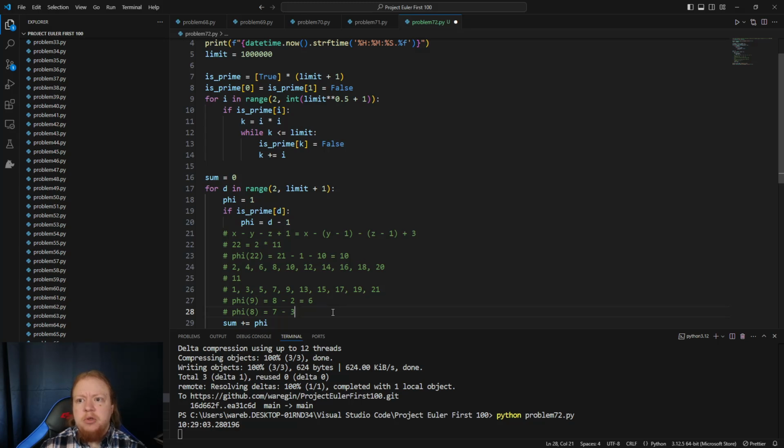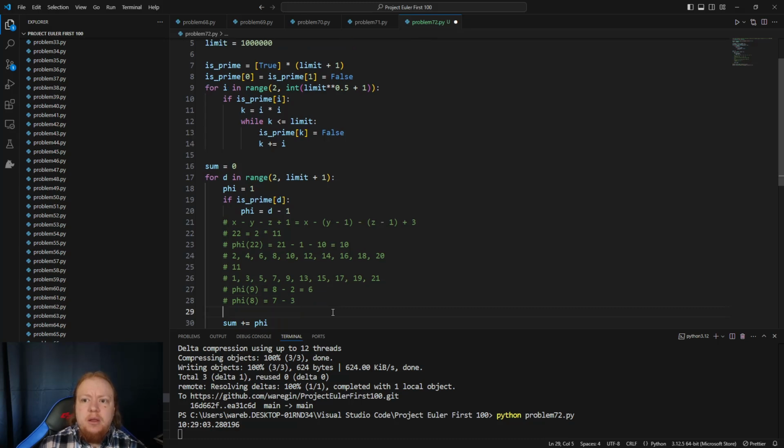Okay, so for numbers where it's the same prime repeated, it's the number of those, perhaps? Let's see, so that would mean that the phi of 25 would be 24 minus 2 because it's 5 squared. But I don't think that's correct.